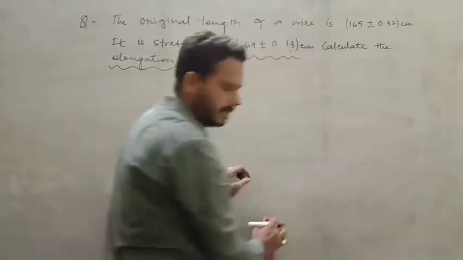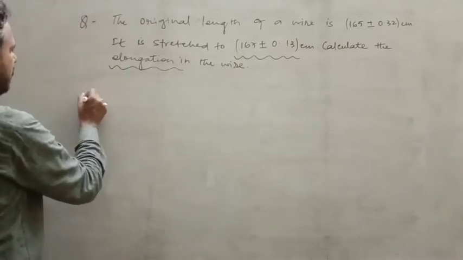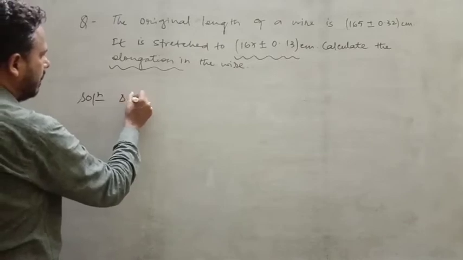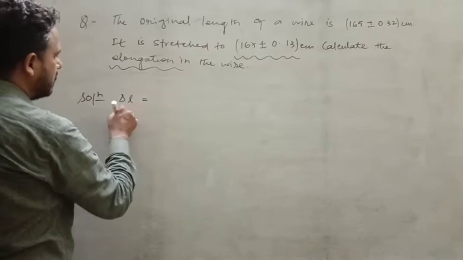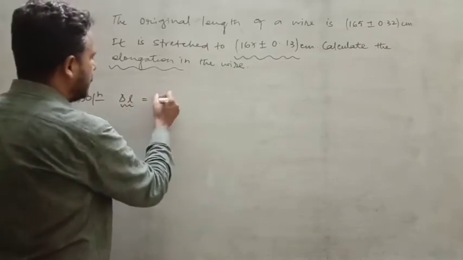It is very simple. Suppose that delta L is the elongation in the wire. So this one is a difference, L2 minus L1.